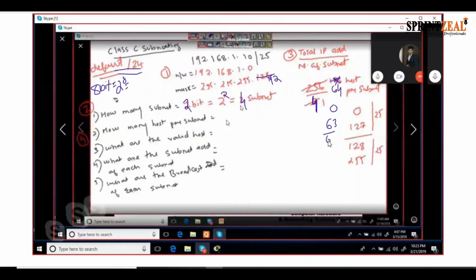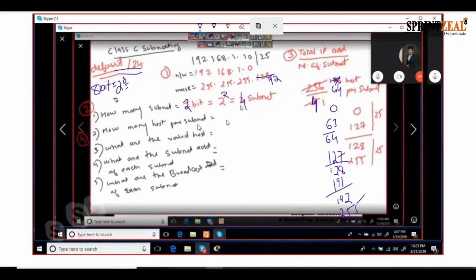Then 64. Then leave one blank. Then 128. Then leave one blank. Then 192, so from 192 to 255. Then again 191, and here 127. So this is the block.